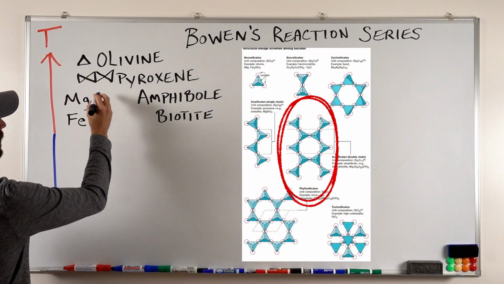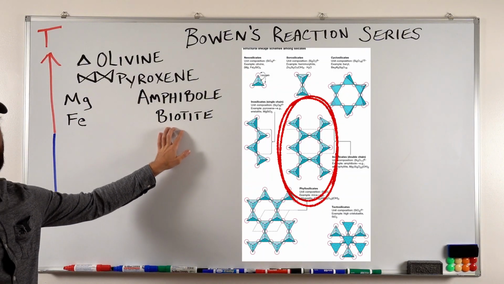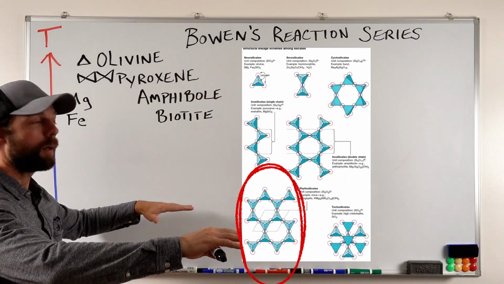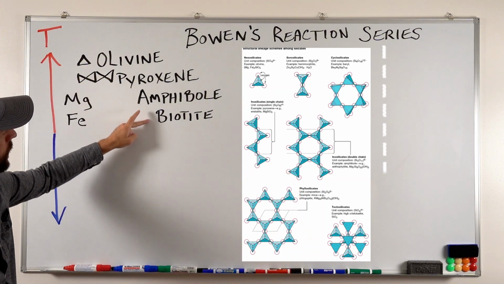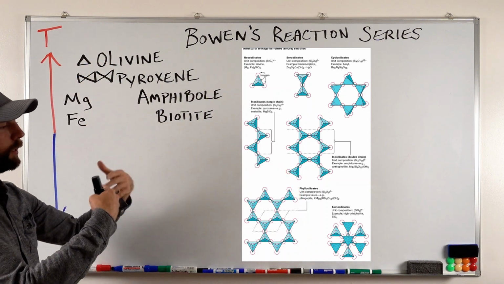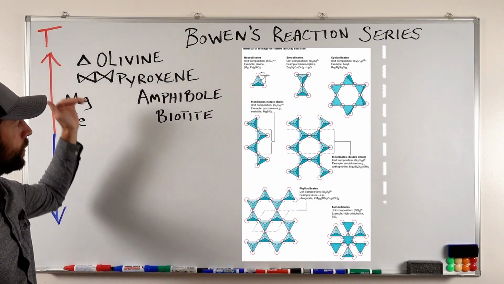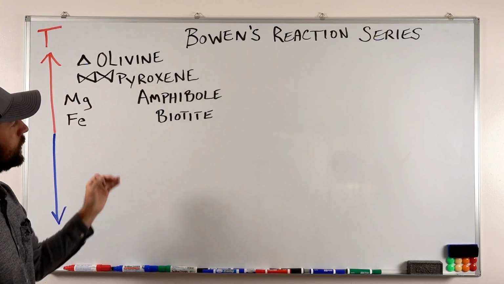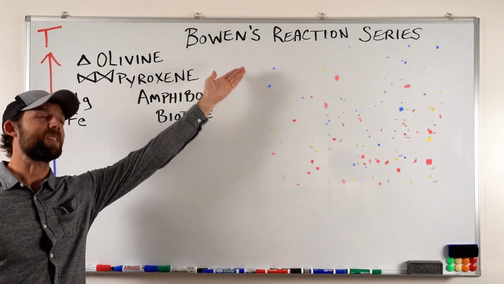These are double chains, so imagine 2 of these piled up. Biotite is a phyllosilicate, so these form in sheets, like these wide sheets of silica tetrahedrons. Just know that each step down is an increase in the complexity of the crystal lattice, and that's why it's one after the other. It's like a very distinct and discrete, stepwise reaction series.